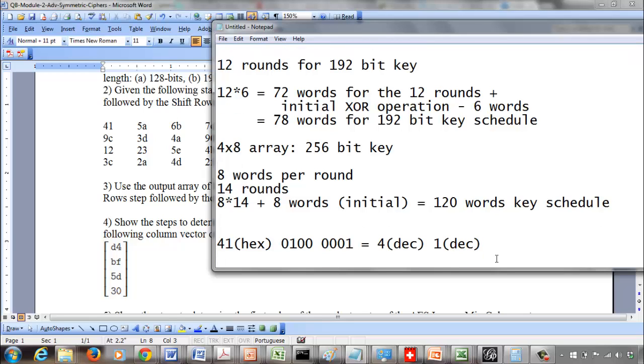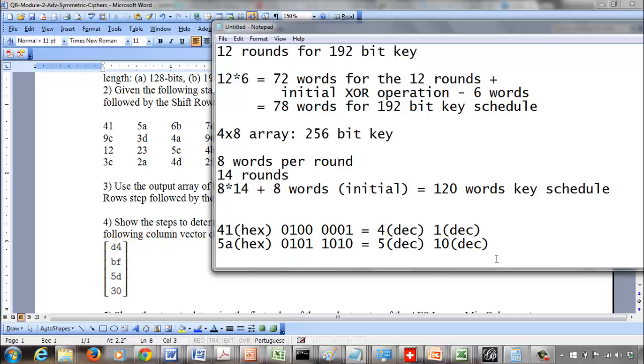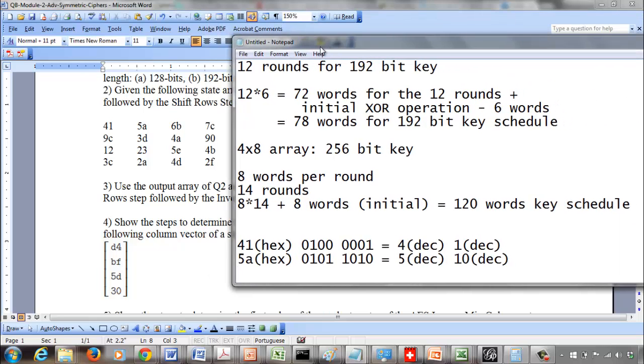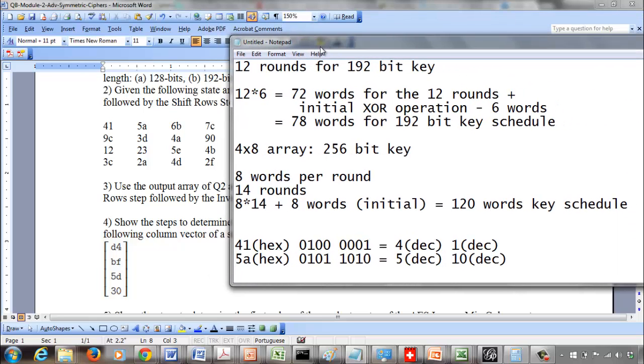On the other hand, if the byte we're looking at is 5A in hexadecimal, 5 is going to be 0, 1, 0, 1, whereas A is going to be 1, 0, 1, 0, which is 10. So that's 5 in decimal and 10 in decimal.